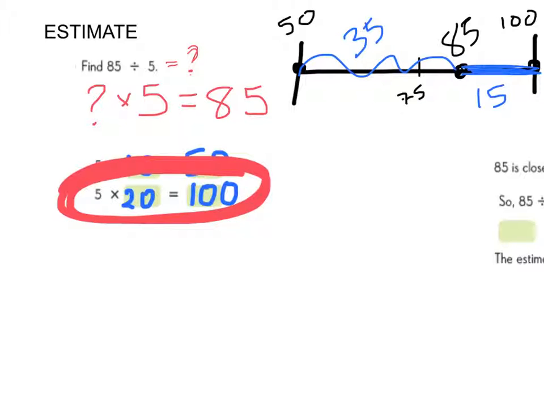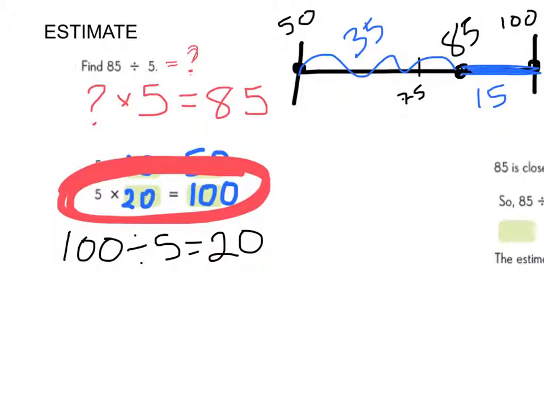It is so important to keep going back to the problem. 85 divided by 5. How is 85 divided by 5 related to this 5 times 20 equals 100? Well, we can change this back into a division problem as 100 divided by 5 equals 20.